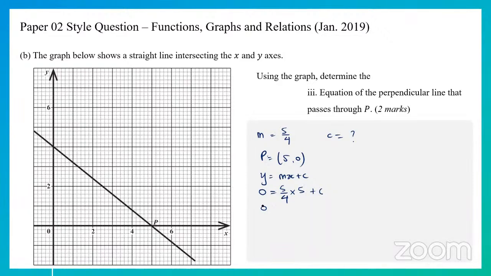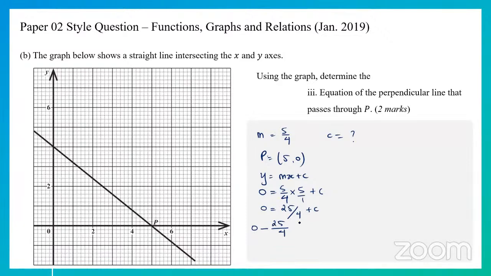With that said, we can find the value of c now by just calculating this here. So it's going to be 25/4 plus c. I can bring this over, so I have c by itself, and that would be 0 minus 25/4.